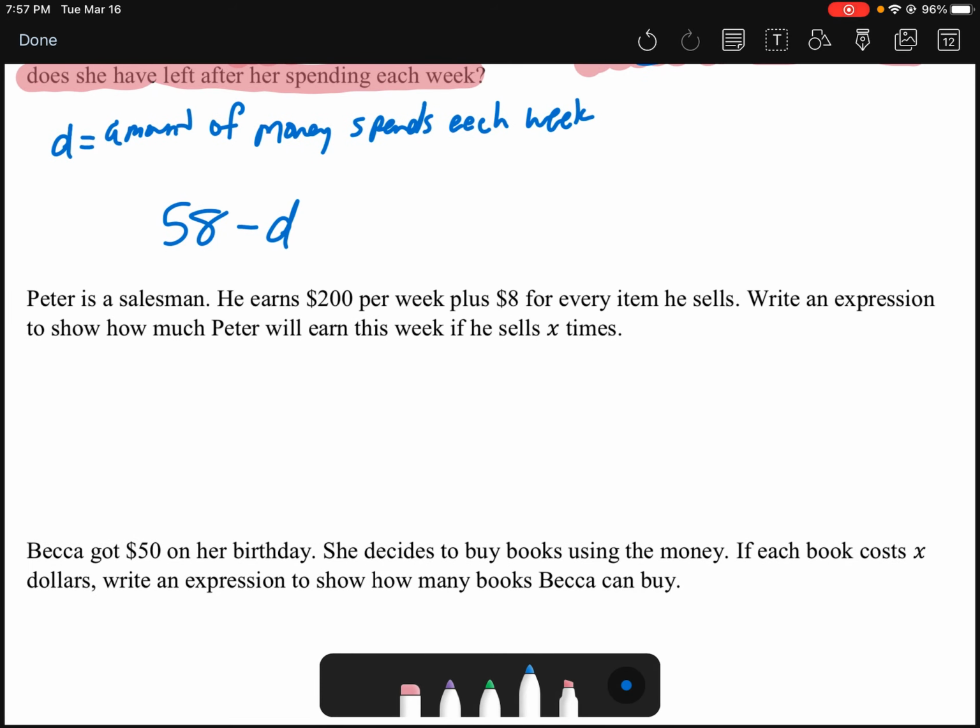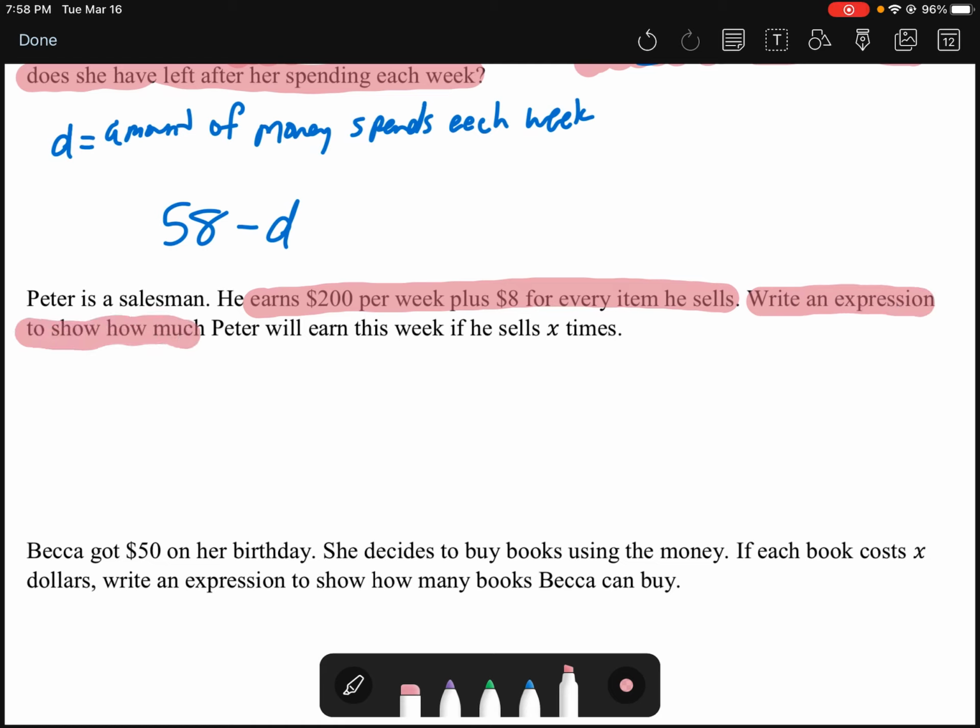Peter is a salesman. He earns $200 per week plus $8 for every item he sells. Write an expression to show how much Peter will earn this week if he sells X times. Looking at my important information, I see he earns $200 per week plus 8 for every item he sells.